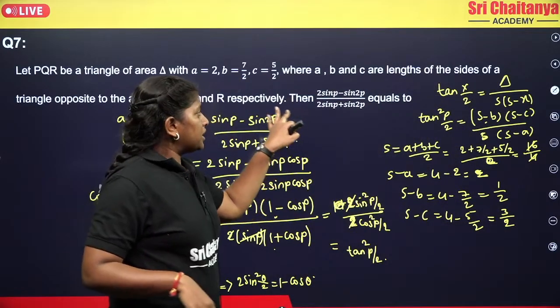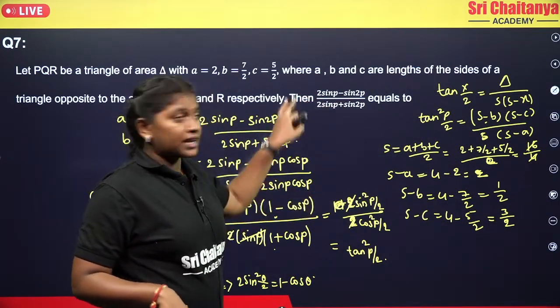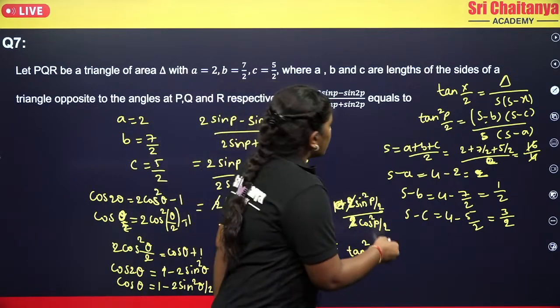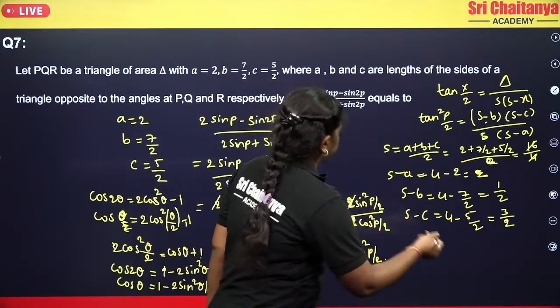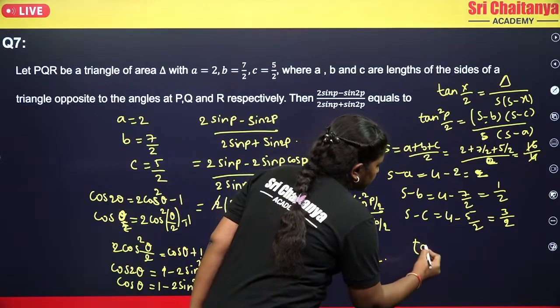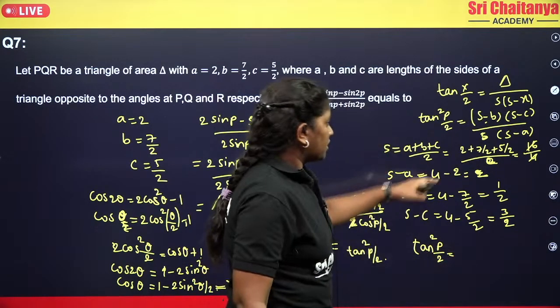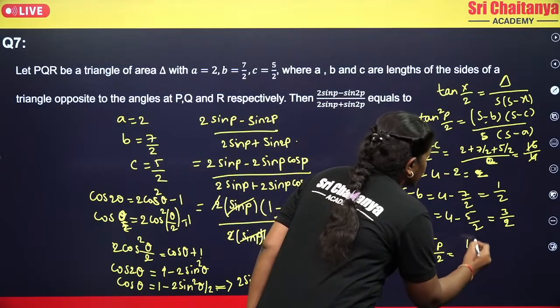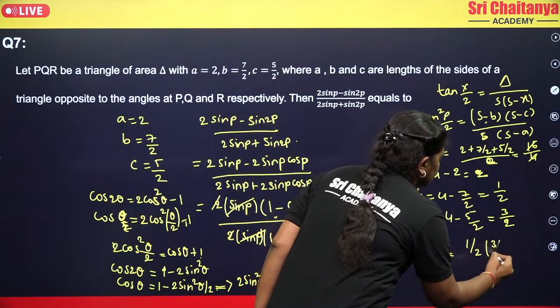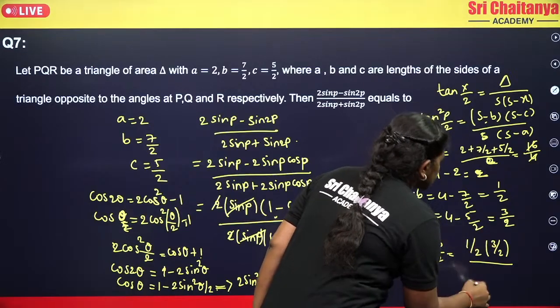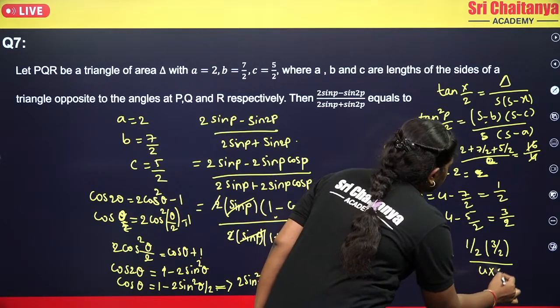So from there we will get 2 sin p minus sin 2p by 2 sin p plus sin 2p. Now coming to here, what will the value be? Our tan square p by 2 will equal, placing the values, 1 by 2 into 3 by 2 by, s value is 4 into 2.